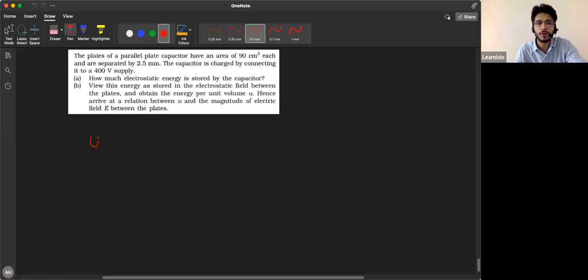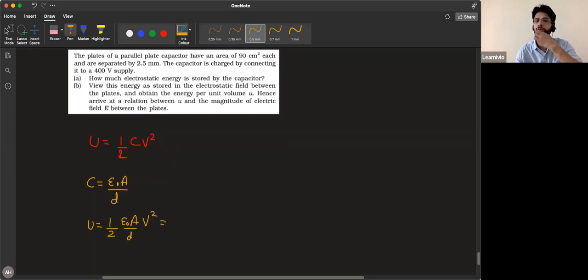See, the expression for energy is half CV square. So your C is epsilon naught A by D. So you can write that your energy is half epsilon naught A by D multiplied by V square.